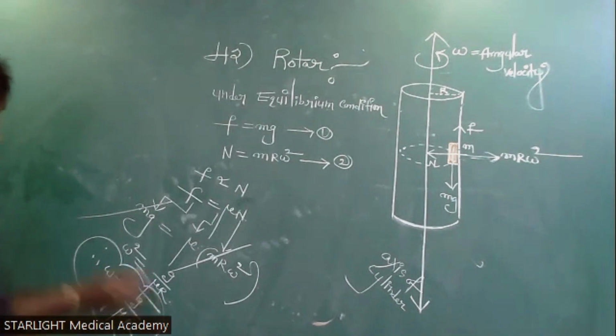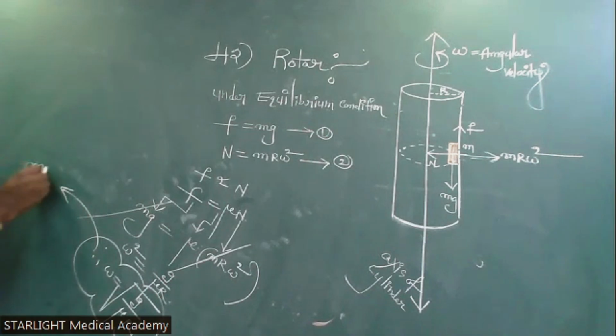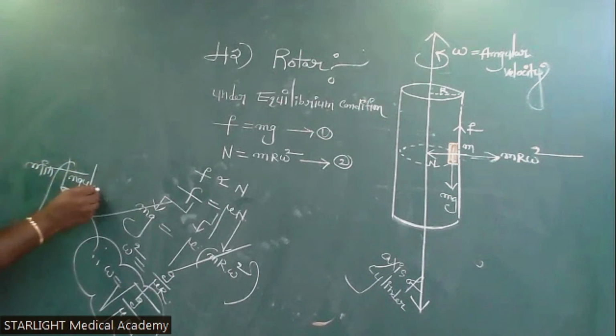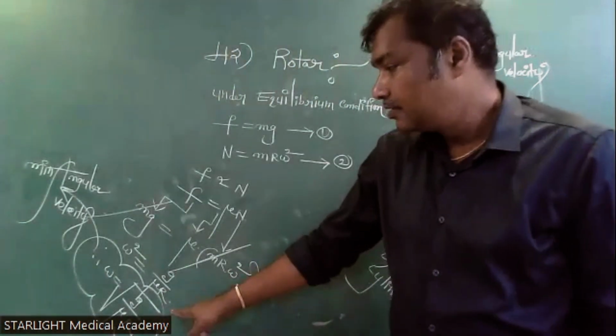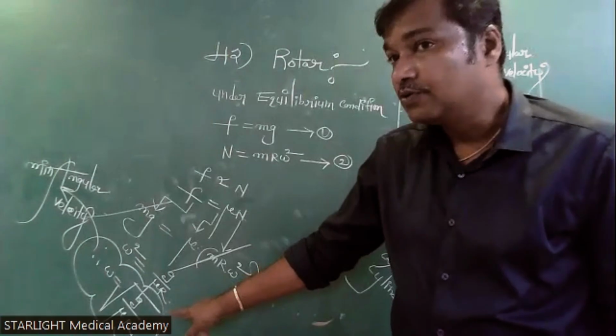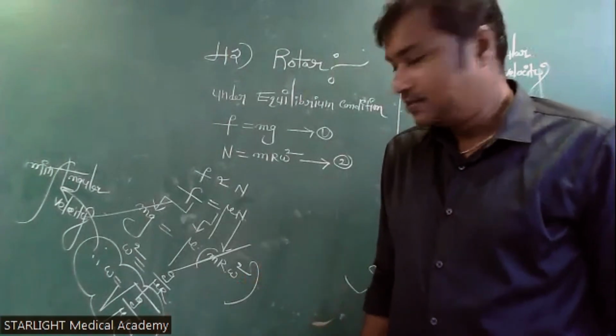So this is the minimum angular velocity. The standard result for minimum angular velocity: omega is equal to root g by mu r.